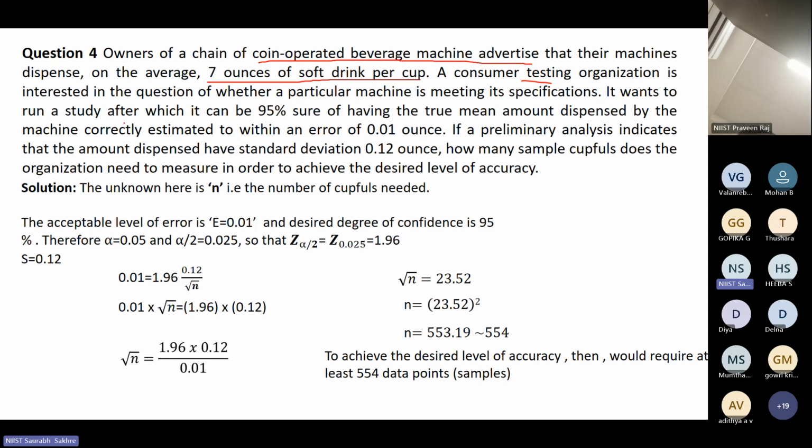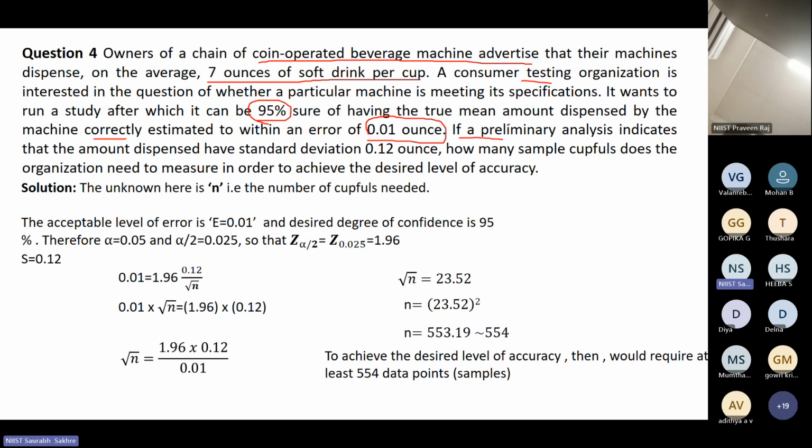It wants to run a study after which it can be 95% sure of having the true mean amount dispensed by the machine correctly estimated to within an error of 0.01 ounce. Now here you see, we want to keep the error within 0.01 ounce.